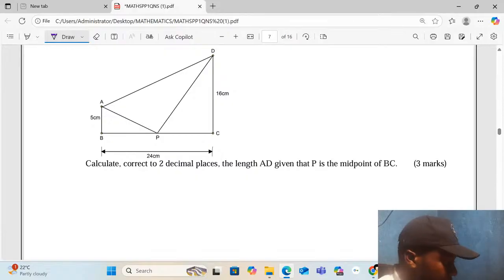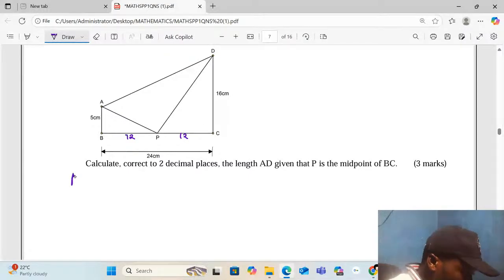Now look at DP. Then we have this 16. We are saying that P is the midpoint. That means if this is 24, this is 12, this is 12. We can find DP, right? We are given this is 90.